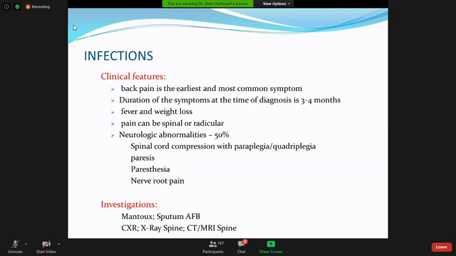For the diagnosis, we have to have a good history, examination, blood workup, and radiological examination like X-ray, CT, MRI.